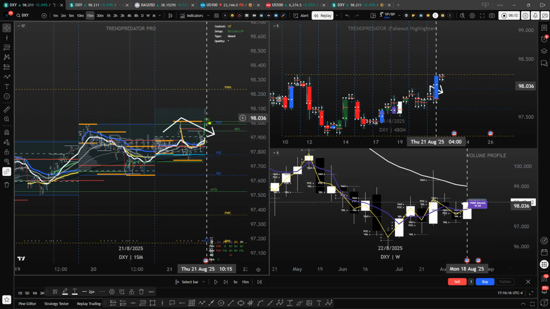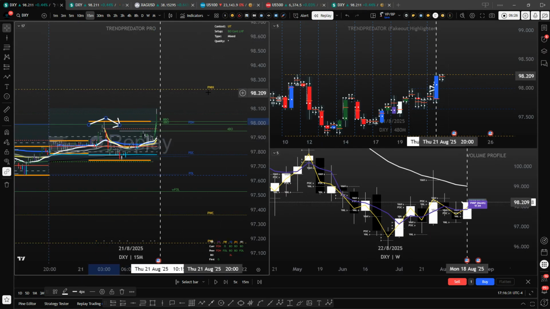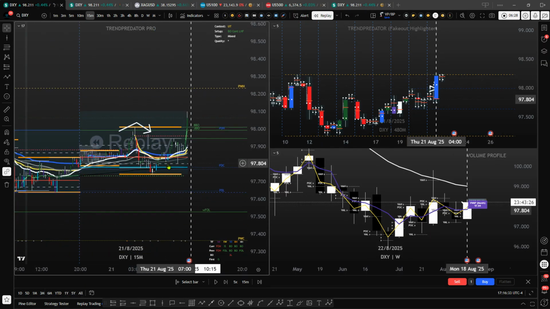It is to be used, the DXY, not as a foregone conclusion that, say, for instance, silver can't rally or the stocks can't rally at the same time the dollar is rallying. But we need to look at the trajectory of the market, the velocity of how the dollar is moving, and so on.